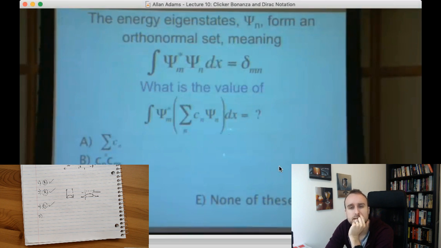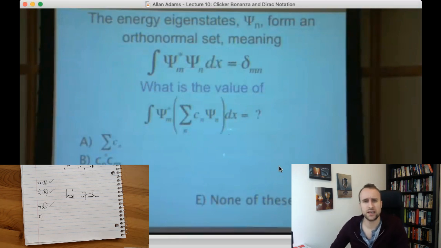So this came up in the lecture before, this delta m n notation, and it kind of went over my head. I wasn't sure quite what was meant by that. So orthonormal set, meaning that they're all at right angles to each other if we're thinking about vectors.